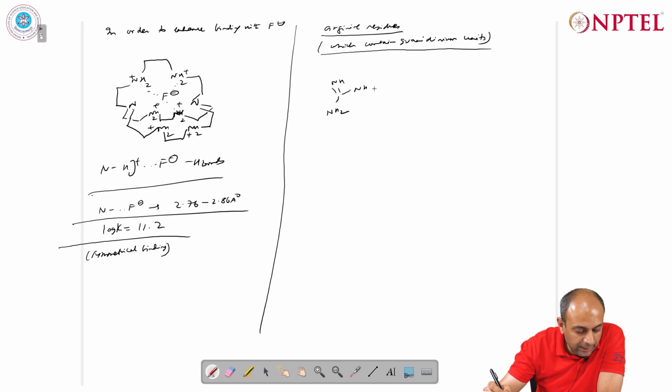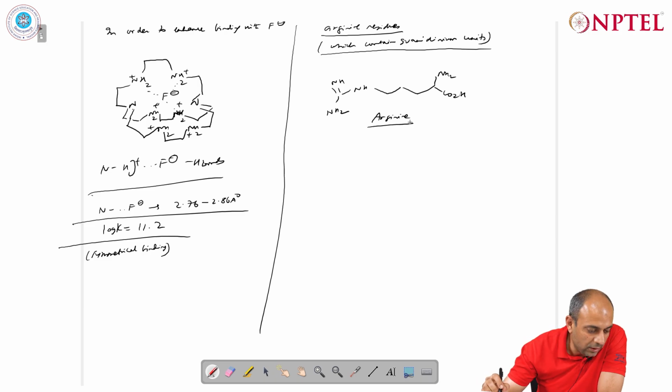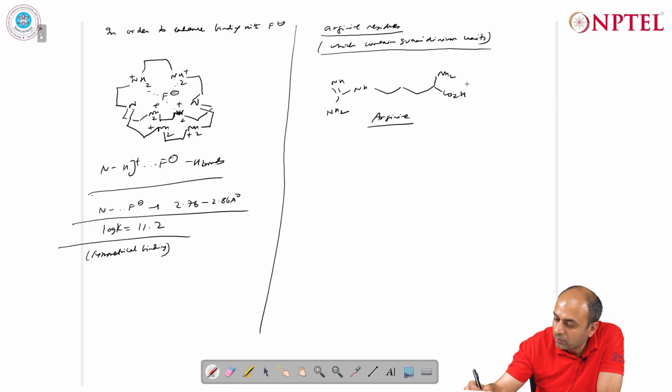This is my guanidine, and it is actually appended on the arginine residue. So, this is my arginine, and now we have the protonation of this.